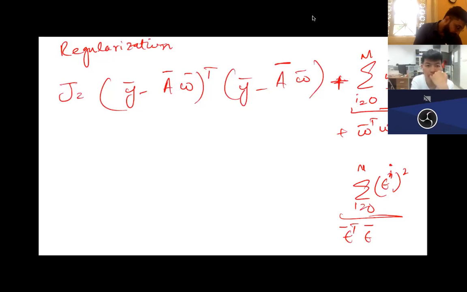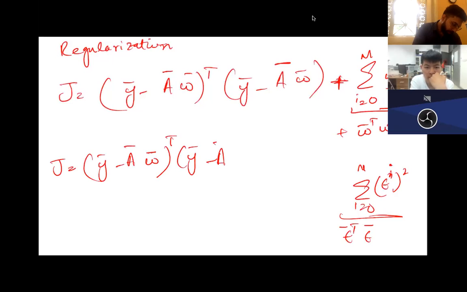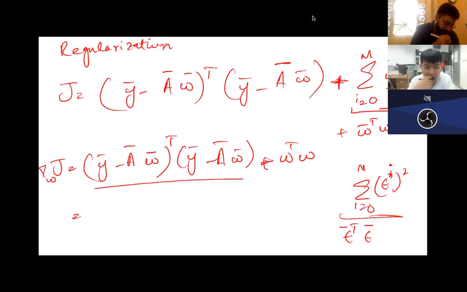Okay. So now our cost function becomes (Y minus AW) transpose (Y minus AW) plus W transpose W. And if we find its gradient with respect to the weight vector W, this part would remain the same.